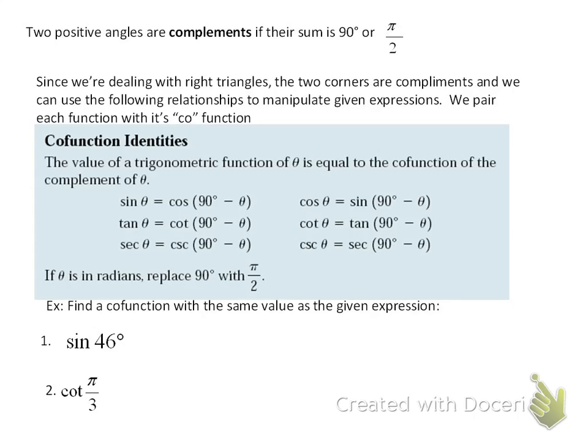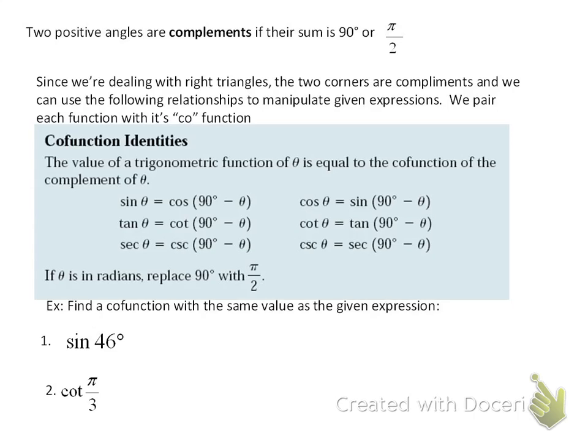So that makes them complements. Okay? Because we're talking about these complement relationships, we can use them to pair each function with its quote-unquote cofunction. So when we're calculating sines and cosines and tangents and cotangents and secants and cosecants, how are those related? Well, the sine of an angle equals the cosine of its complement.